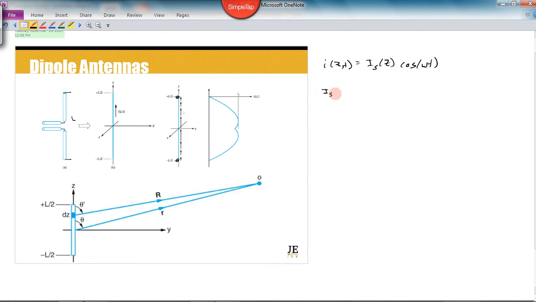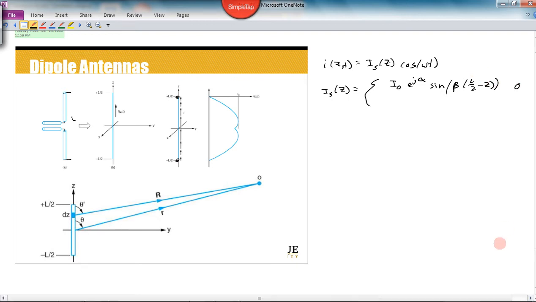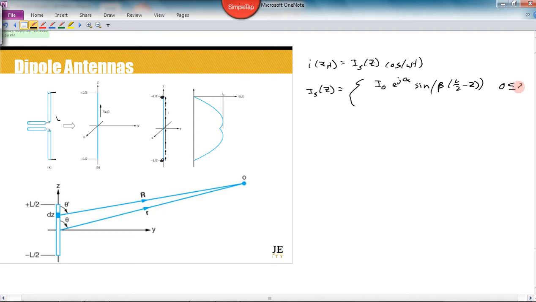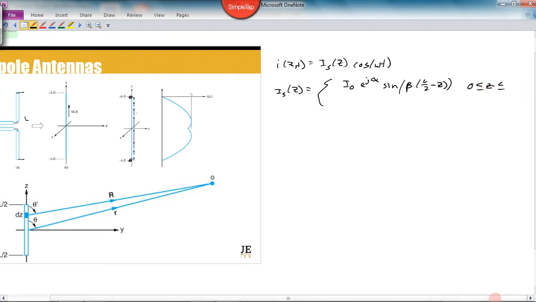And it is approximated as Is of z is equal to I0 e to the j alpha times the sine of beta times L over 2 minus z, and that is the approximation for 0 less than or equal to z less than or equal to L over 2, so that's the approximation for this portion of the antenna element.